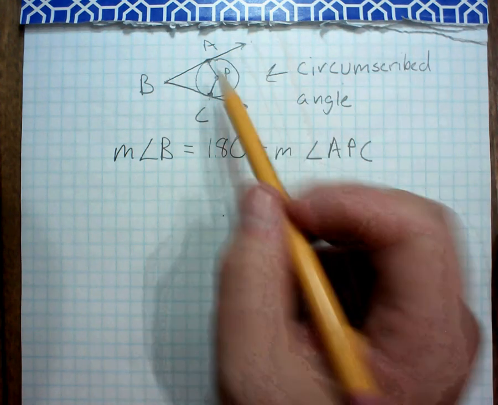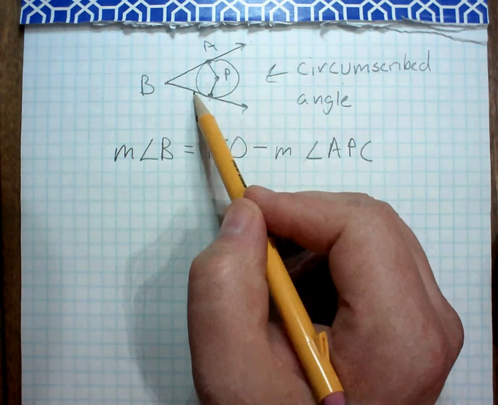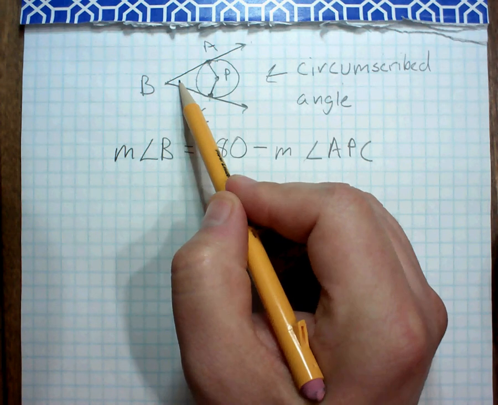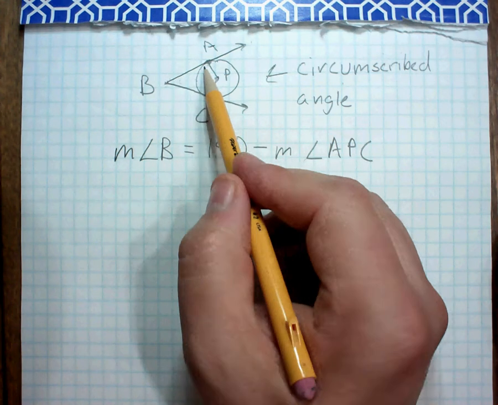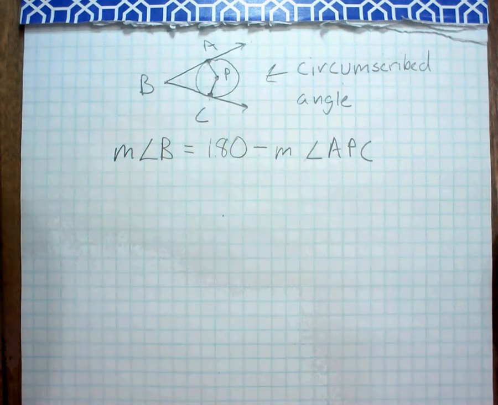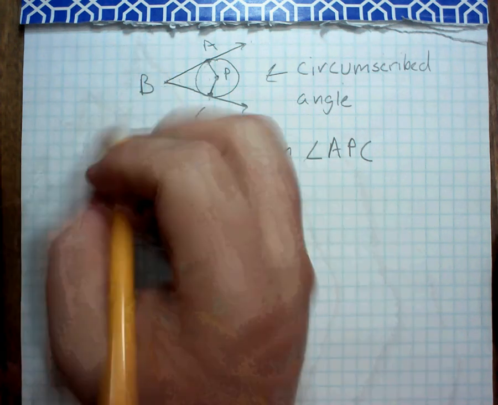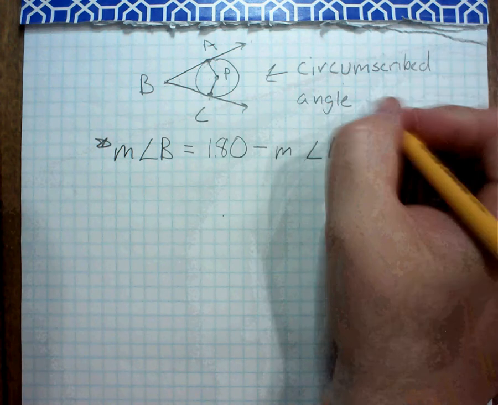If you notice, this is a quadrilateral with 4 sides, and aside from that, we're just going to leave it at that. But this is the formula that you use, and that's the circumscribed angle theorem.